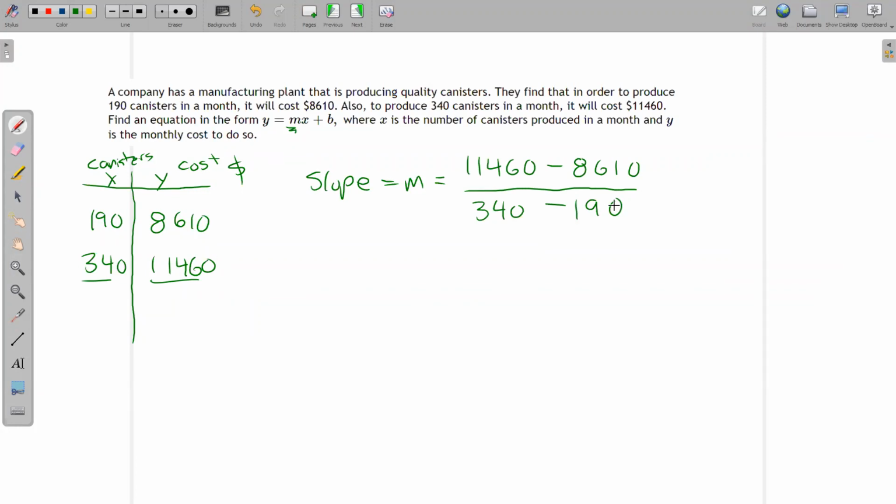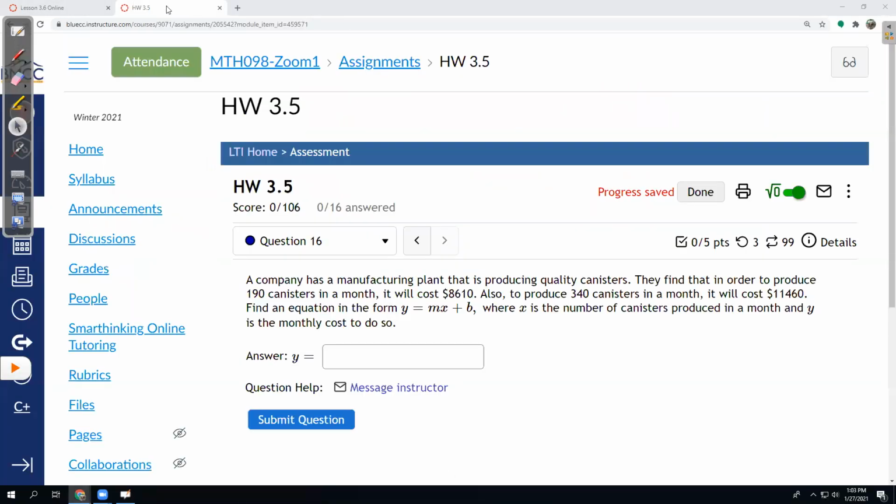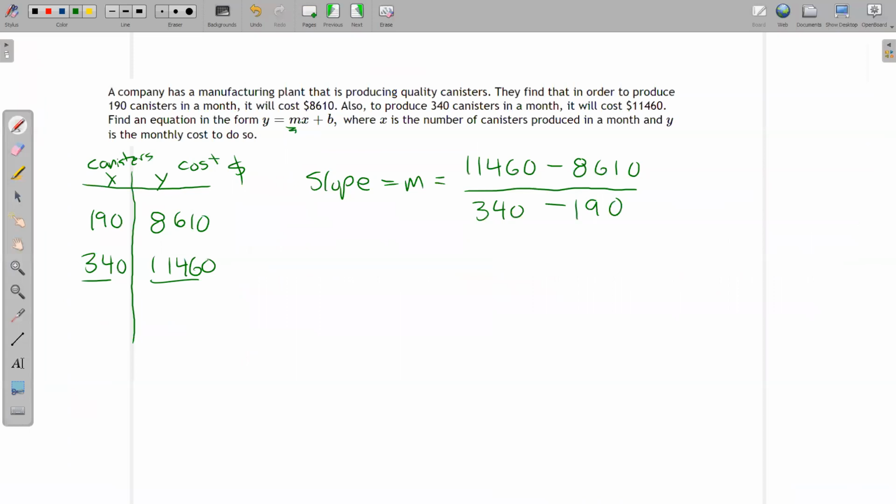All right, so then I just type that into my calculator, see what it comes out to. I'm gonna have to do that on the side here and then come back because I can't keep that all in my head at the moment. Okay, so I'm just going to type this in and check with you guys, see if we agree.